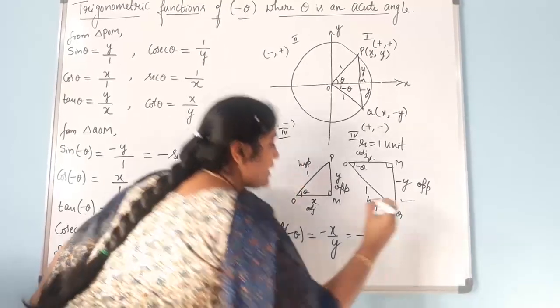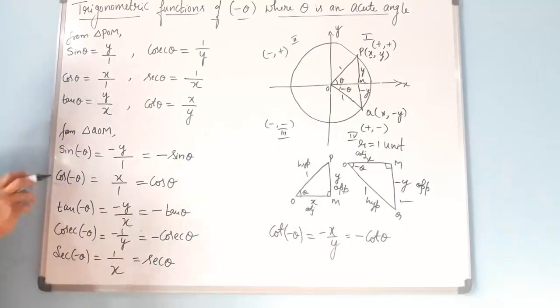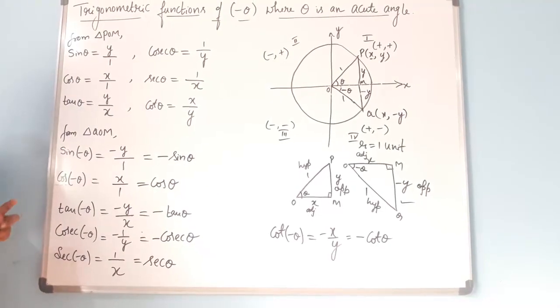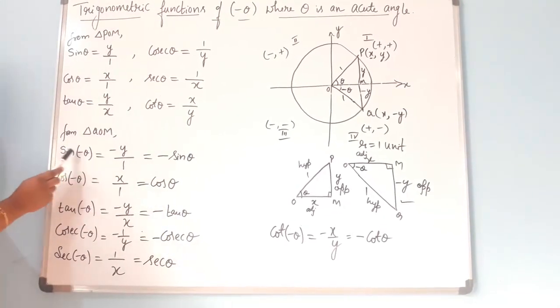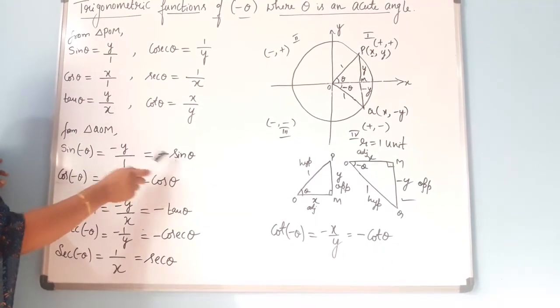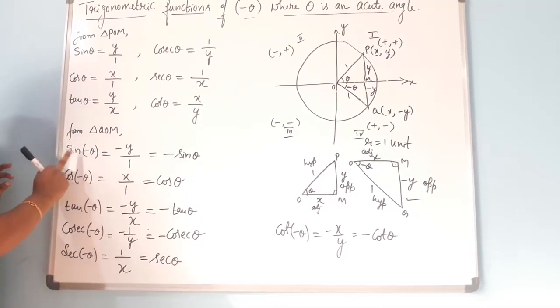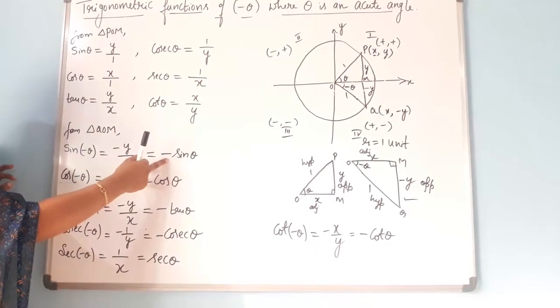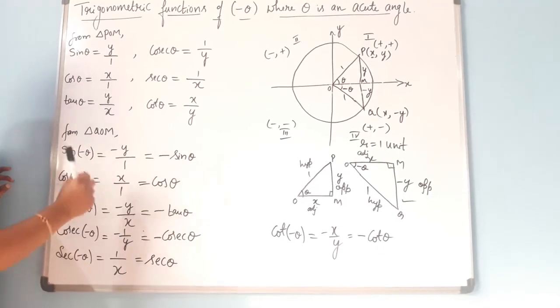Okay, see here, if we take the negative angle, that means acute angle, what result are we getting? See here, what is sine of minus theta? We are getting minus sine theta. ನೋಡಿ, angle negative ಇದ್ದಾಗ sine function ಇದ್ರೆ ಆ minus ಅನ್ನು ನಾವು ಹೊರಗಡೆ ತಗೋಬೇಕು. These are the formulas. Okay, we should recall.